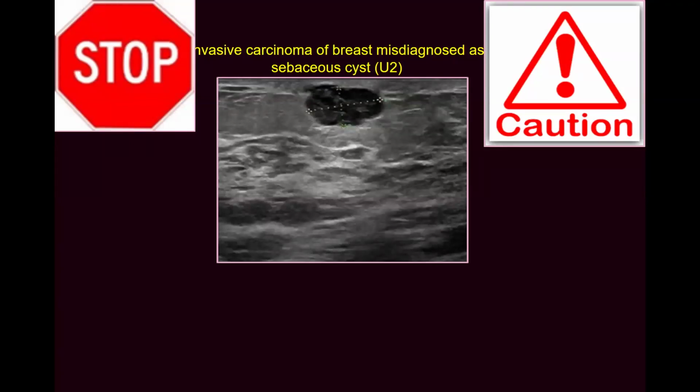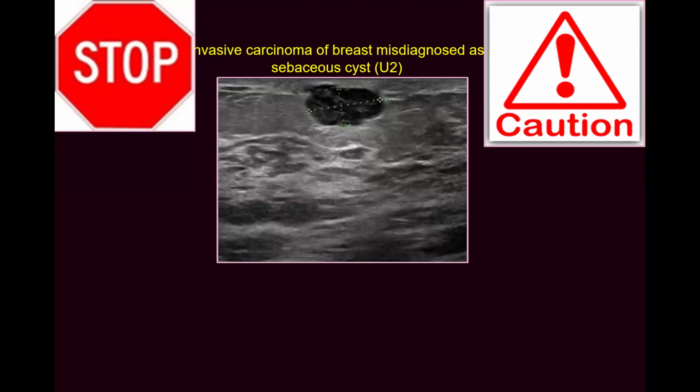We have mentioned that a hypodermal lesion with the skin tract sign is most likely a sebaceous or epidermal inclusion cyst. But unfortunately, these lesions here were reported at the baseline ultrasound study as a sebaceous cyst, misdiagnosed as a sebaceous cyst.